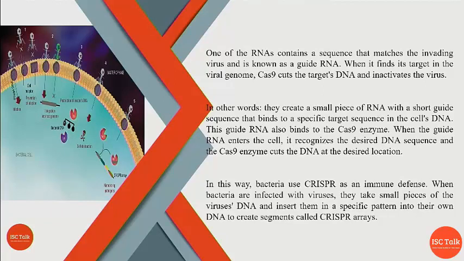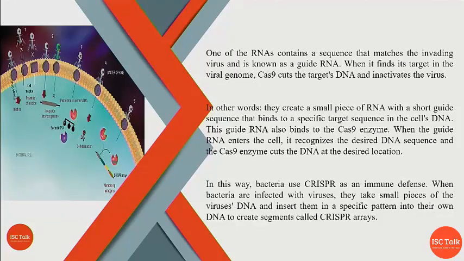In other words, they create a small piece of RNA with a short guide and a sequence that binds the specific target sequence in the cell DNA, and when the guide RNA enters the cell, it recognizes the desired DNA sequence.